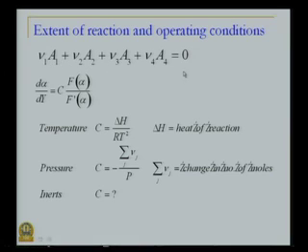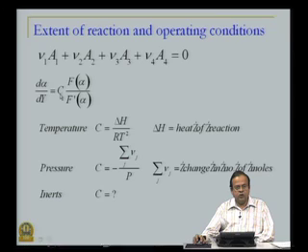For this reaction, how alpha changes with operating condition is given in the form of some constant c multiplied by f of alpha divided by f prime of alpha. Now, f prime is always positive, f is also positive.